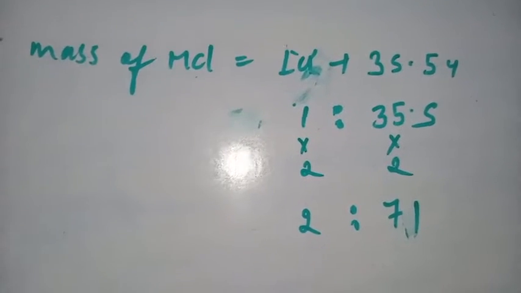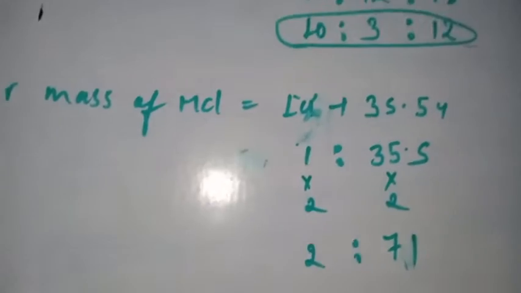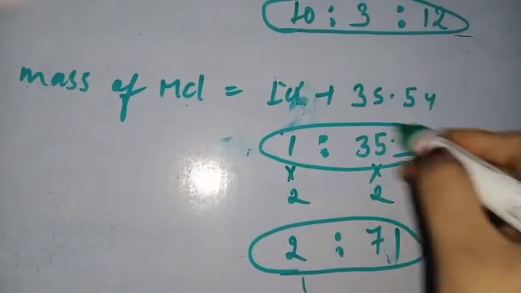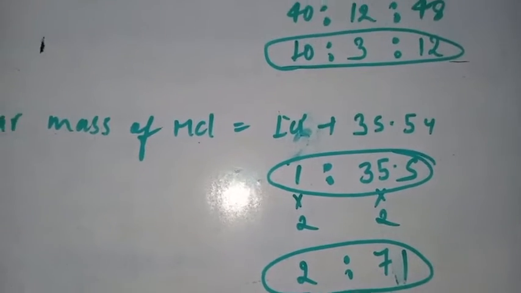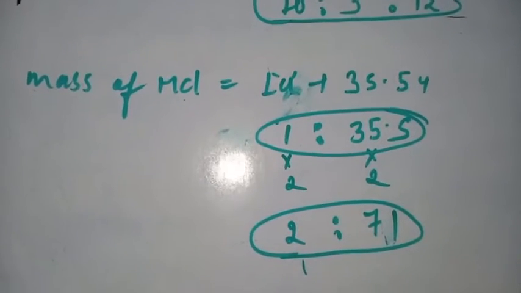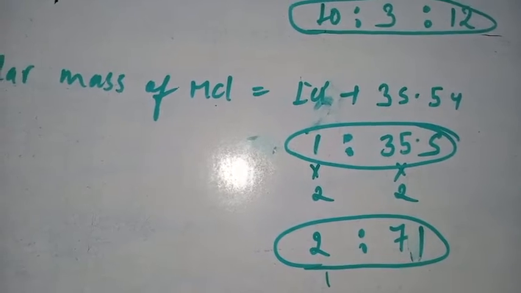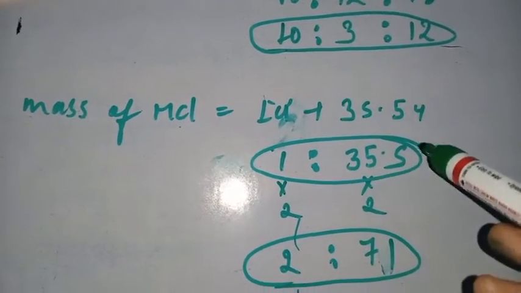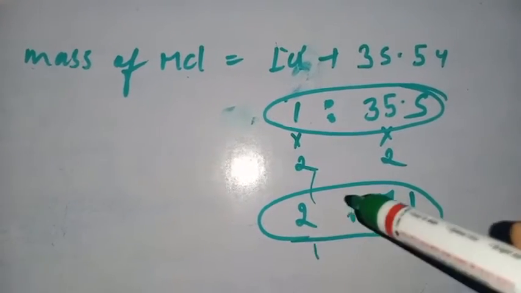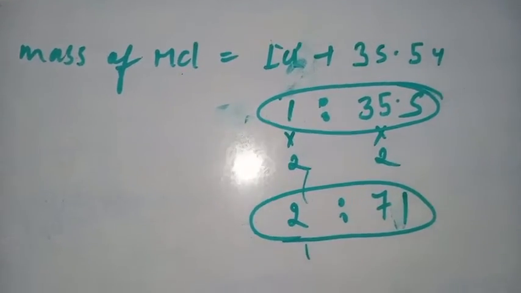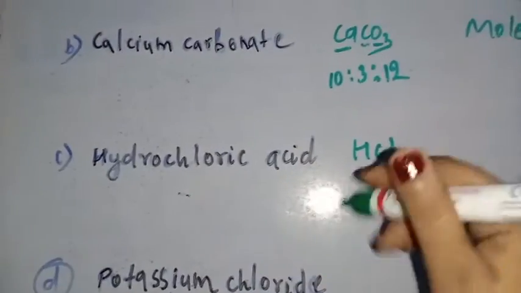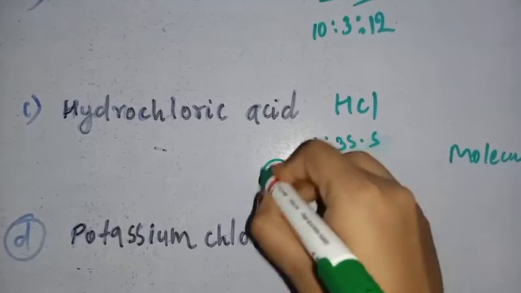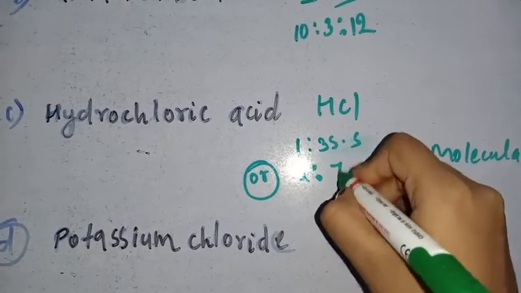So you can write this ratio or you can write that ratio. Both are correct. So the combining elements for hydrochloric acid will be in the ratio of 1 is to 35.5 or 2 is to 71.